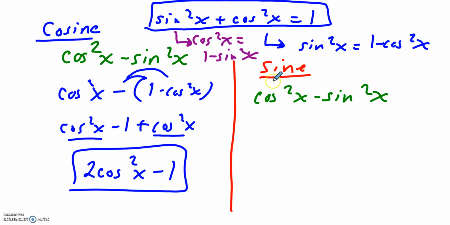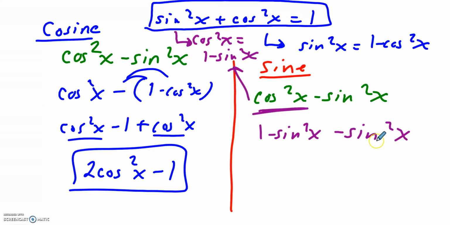So in this expression, if you would like to, you could take this cosine squared x and replace it with 1 minus sine squared x. And then you still have this other negative sine squared x. So you have 2 like terms. So this one, another way to write it, would be 1 minus 2 sine squared x's.